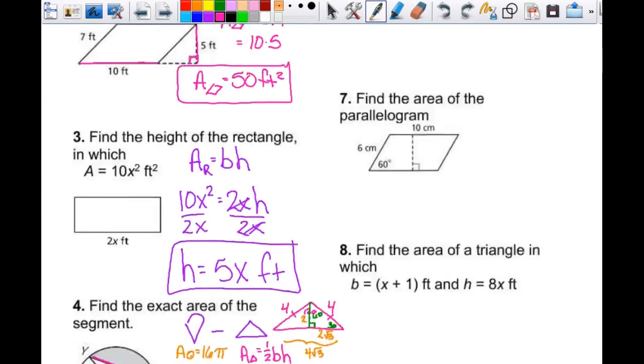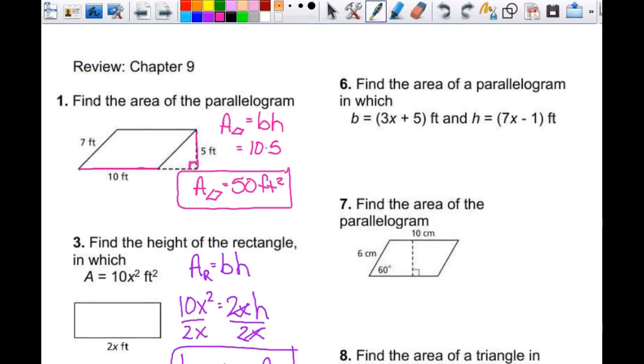All right. So I'm going to find the area of the parallelogram with this information. So here's my parallelogram. The base is 3x plus 5. The height is 7x minus 1. Area of the parallelogram is base times height. So that is going to be (3x plus 5) times (7x minus 1). So then I FOIL or do box or do whatever makes sense to you.